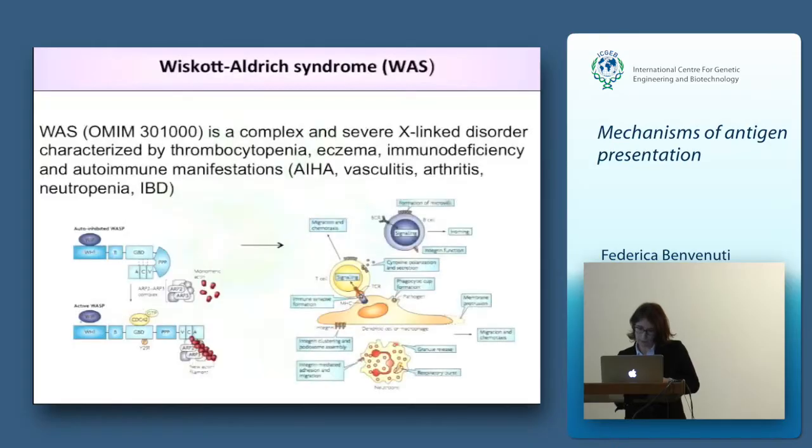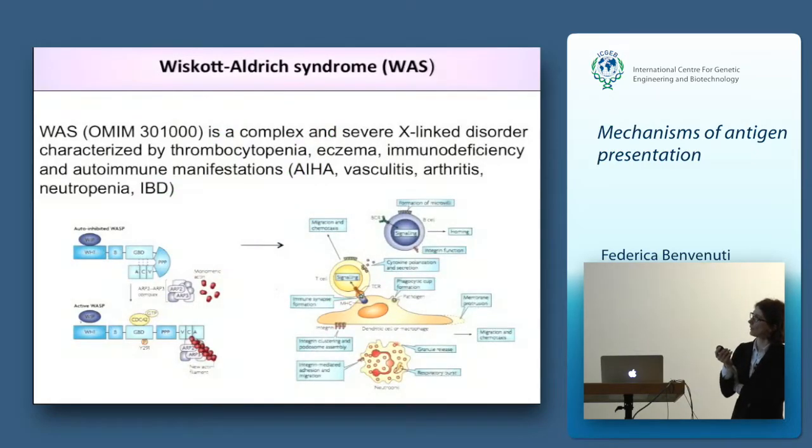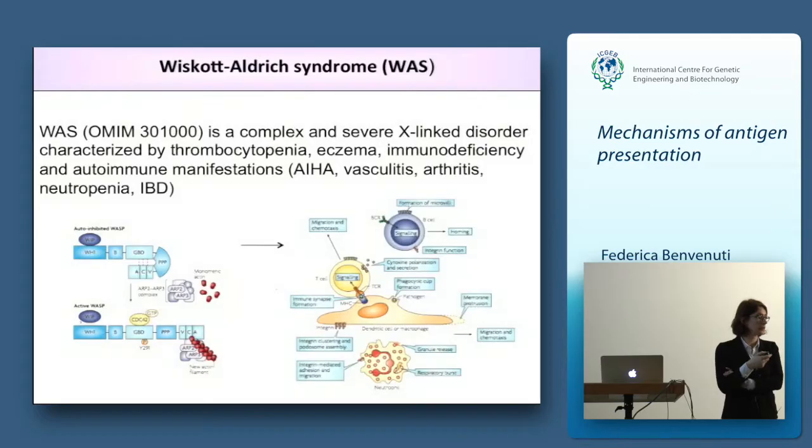So I'd like to move now to our work in a totally different context, that is the immunodeficiency that I mentioned in the beginning. We became interested in this syndrome because it is caused by mutation in a key regulator of actin polymerization. And given our previous findings on the role and importance of the cytoskeleton to favor the formation of the synapse, we realized that there was very little knowledge about the function of dendritic cells in this syndrome.